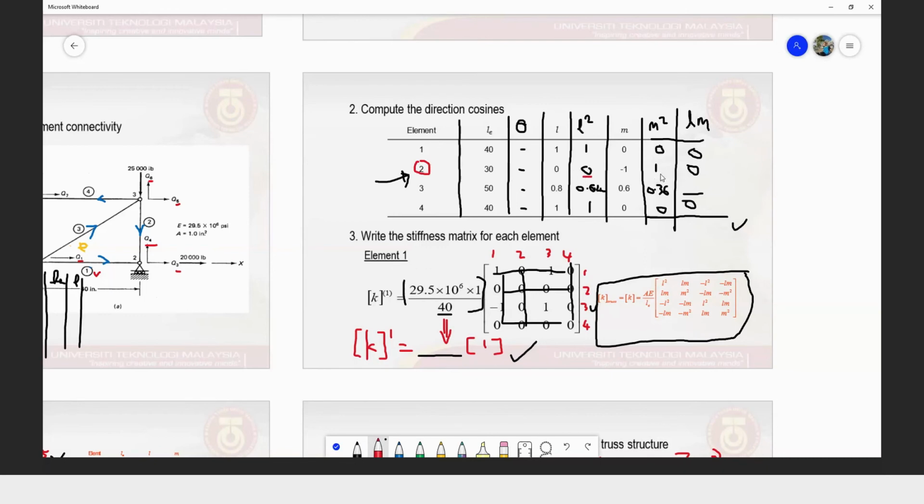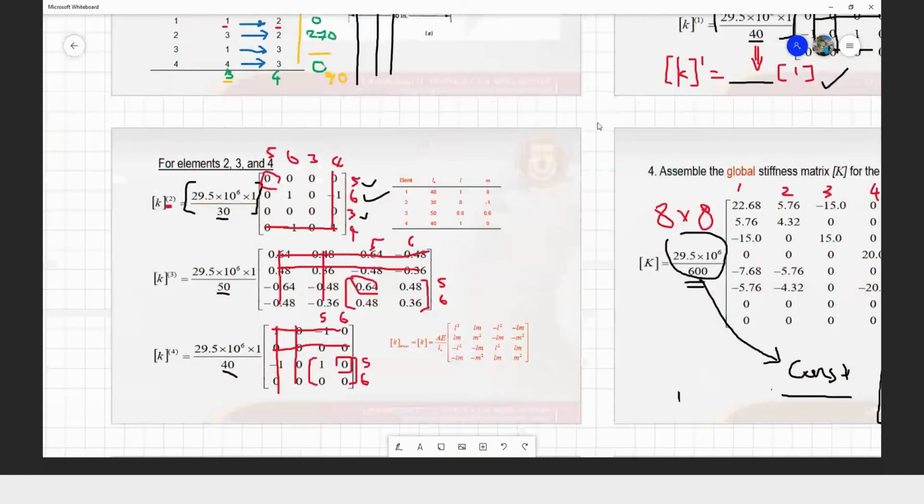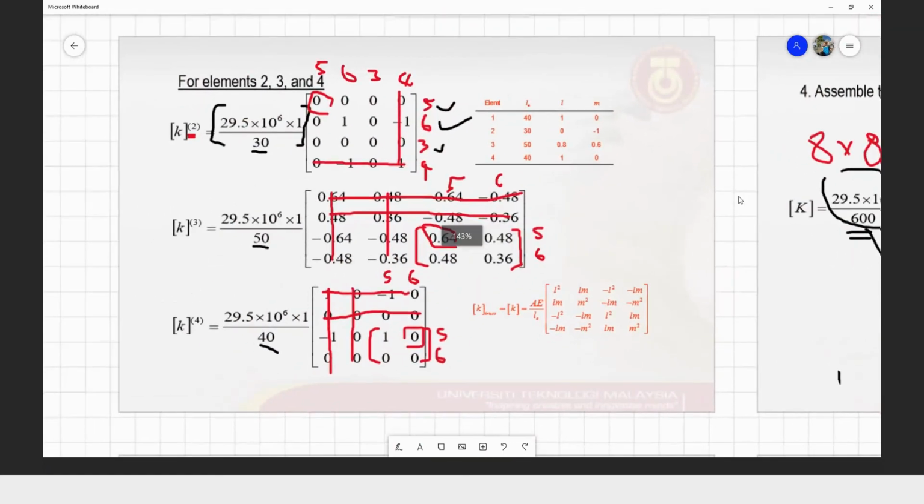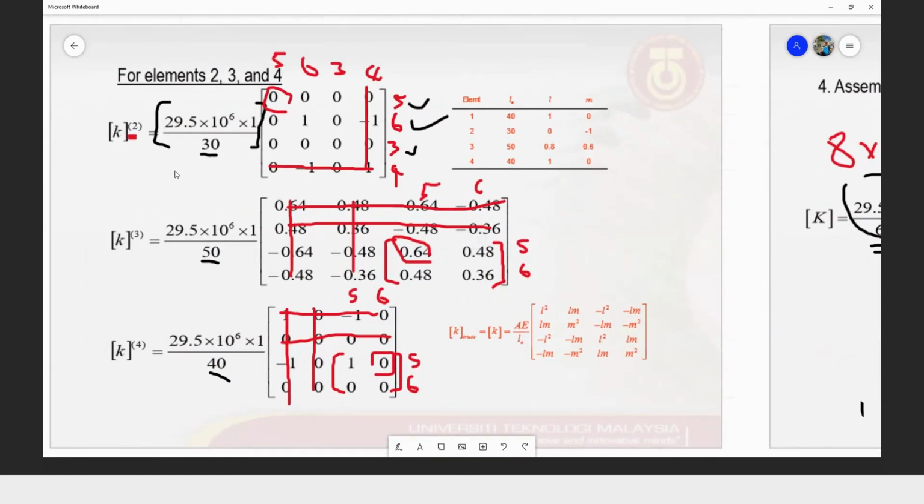M square dia 1. So kalau kita tengok yang L square dengan LM dia kosong kan. Kalau saya substitute, kita tengok sini. Untuk elemen number 2, L square saya dah kosong. So kita ada kosong kat sini. Saya padam dulu.